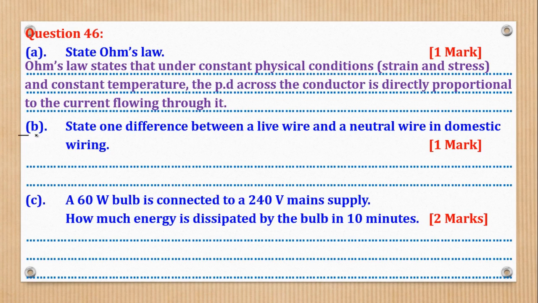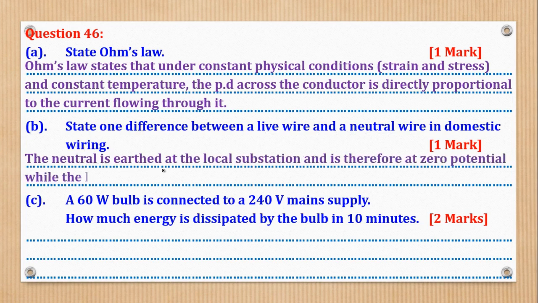That was part A. Part B, state one difference between a live wire and a neutral wire in domestic wiring. So the neutral wire is earthed to the local substation and is therefore at 0 potential, while the live wire is at a potential of 240 volts.